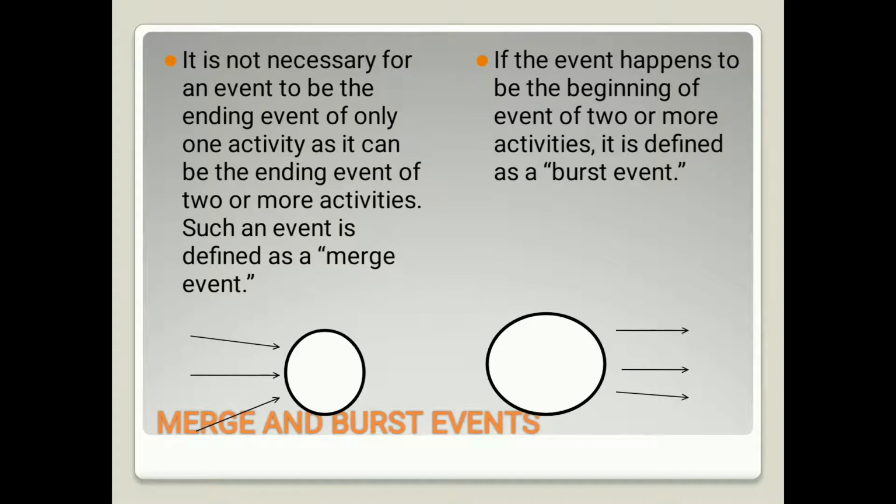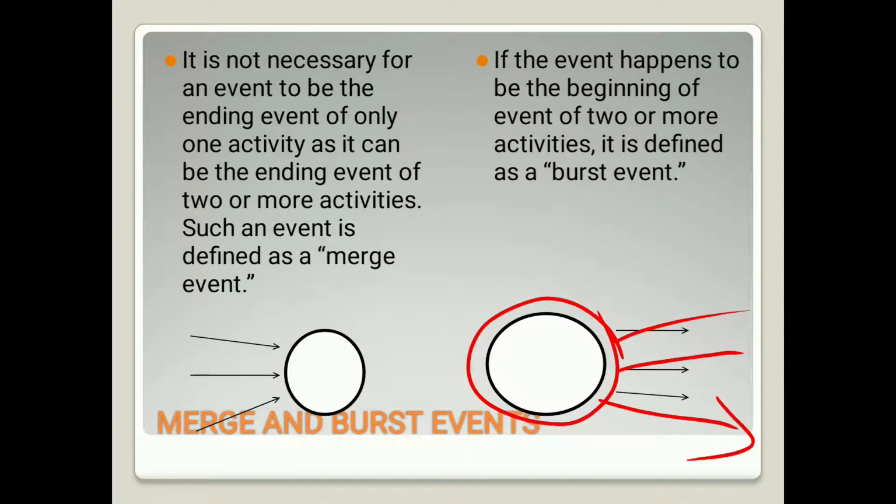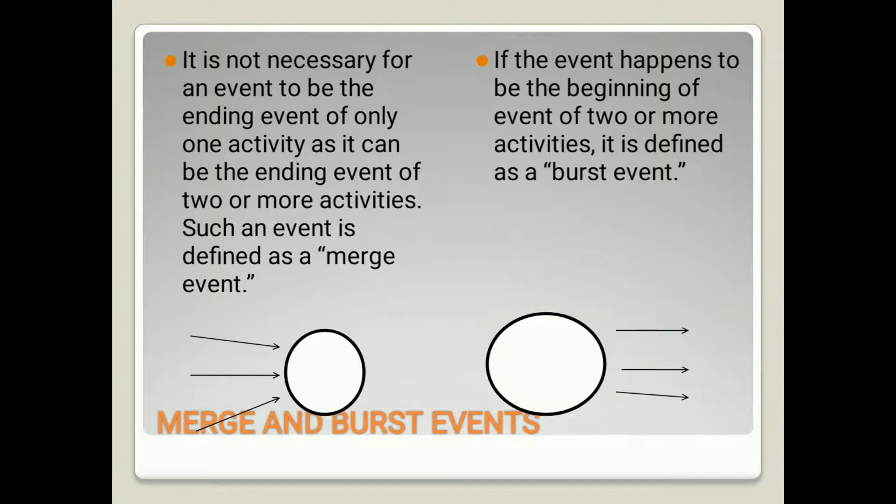Here, three arrows are coming out from the node, which means three activities are coming out from this event. So, this is known as a burst event.